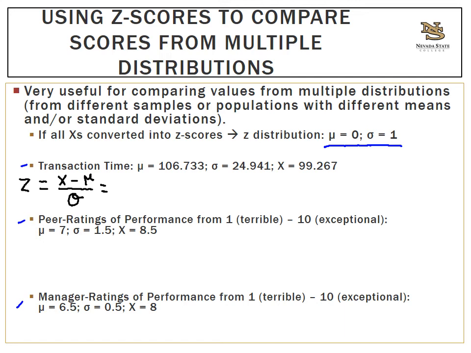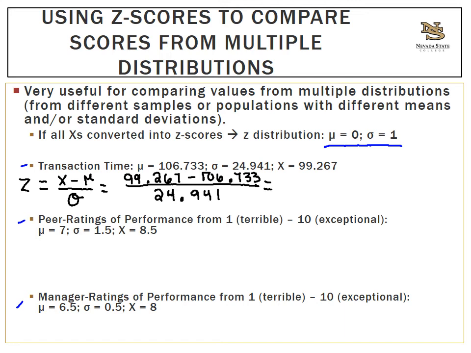So in this case, your x value is 99.267 minus 106.733 divided by the standard deviation of 24.941.